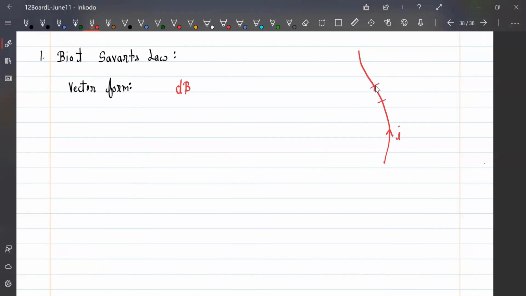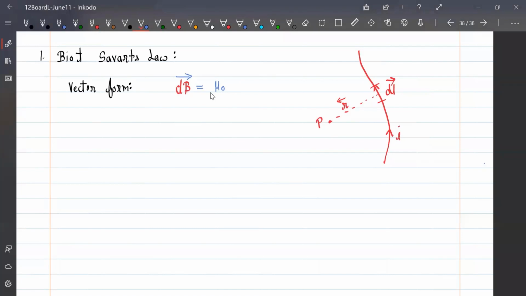So एक छोटा सा लेंथ वेक्टर ले लिया जाए dl वेक्टर, तो इसकी वजह से पॉइंट P पे, that is r vector away from the dl vector, कितना magnetic field होगा पॉइंट P पे, that is given by the Biot-Savart's law. So in example, if I ask you the Biot-Savart's law, you will write that Biot-Savart's law gives the value of magnetic field by a current carrying element at point P at a distance r vector away.